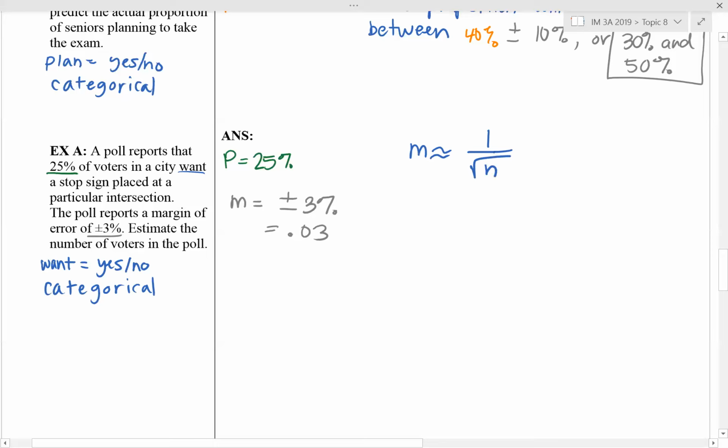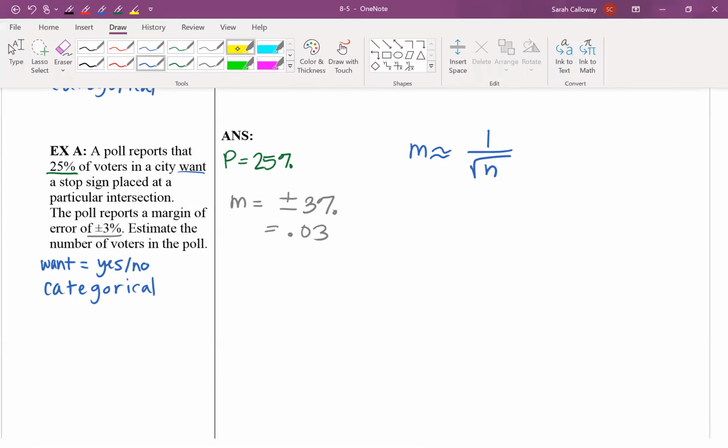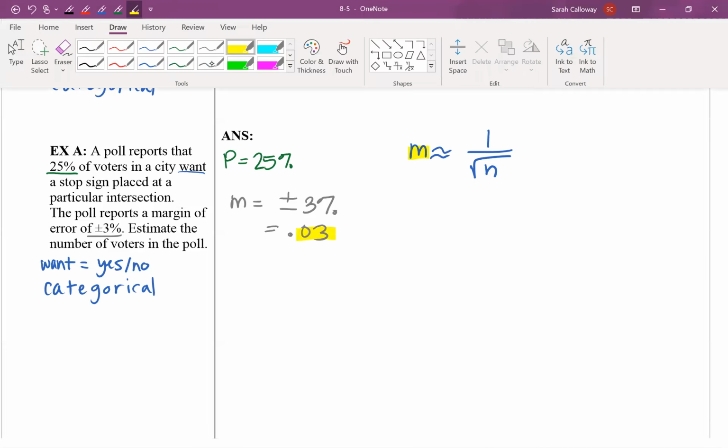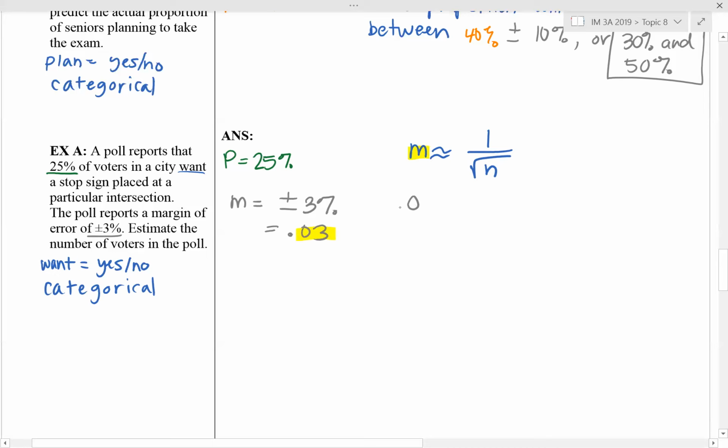So the margin of error is equal to 1 over the square root of the number of voters in this case. We know that m is 0.03, so we're going to plug in 0.03 for m and then use that to solve for n. So 0.03 is about equal to 1 over the square root of n.